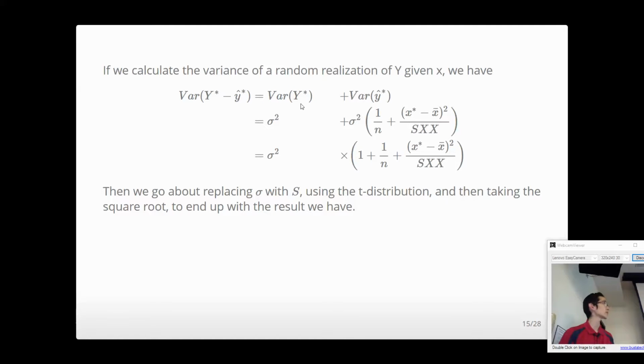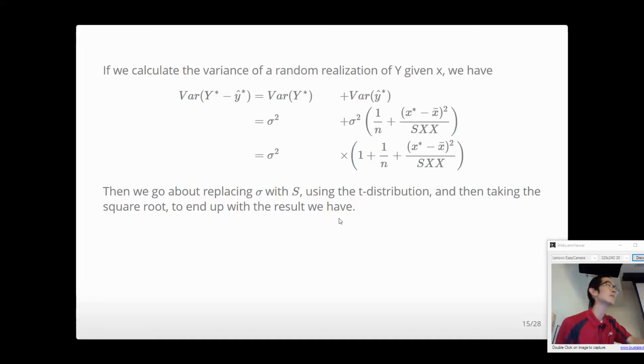The variance of y star is the variance of the values around the line, and that's the sigma squared we're going for. So now we can factor this out, and we have sigma squared times 1 plus everything that's inside there. Of course, we replace sigma with s, and that means we use the t distribution rather than the normal distribution and all of that stuff.